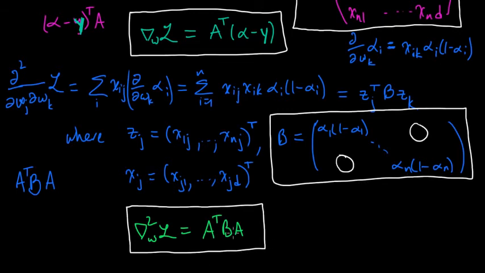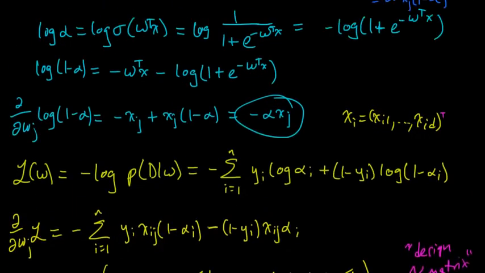Now I claimed before that that Hessian was going to be positive semi-definite, so let's see why that is. The diagonal entries of this B are these alpha times 1 minus alpha quantities.